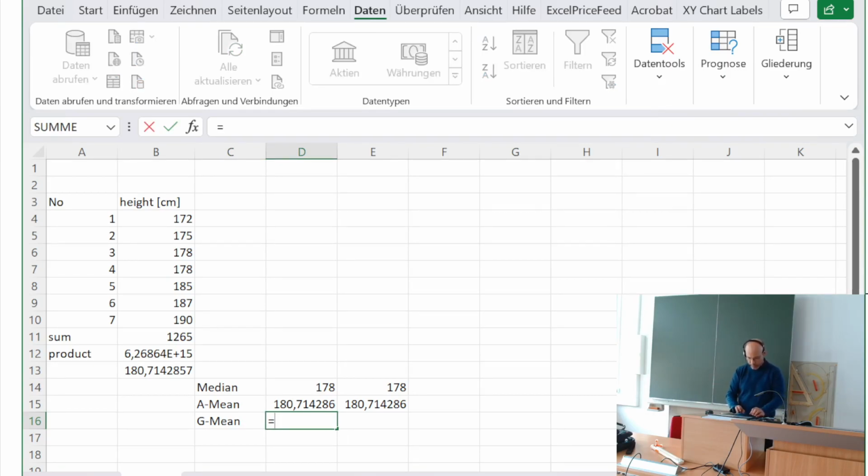So this equals this to the power of 1 over 7.